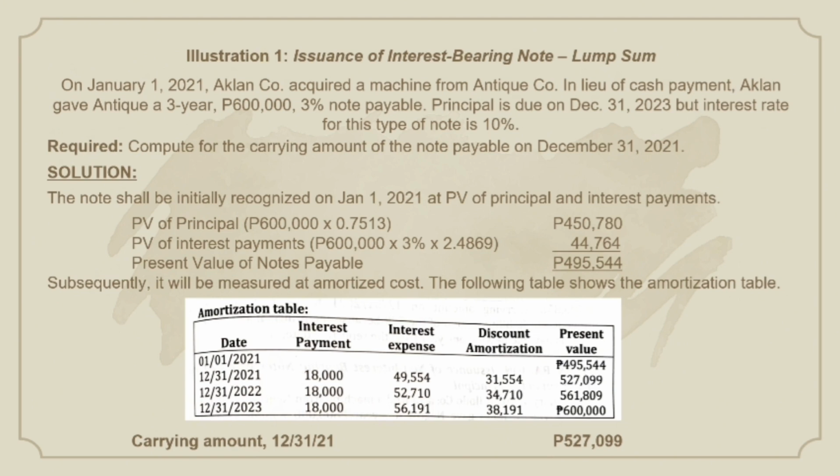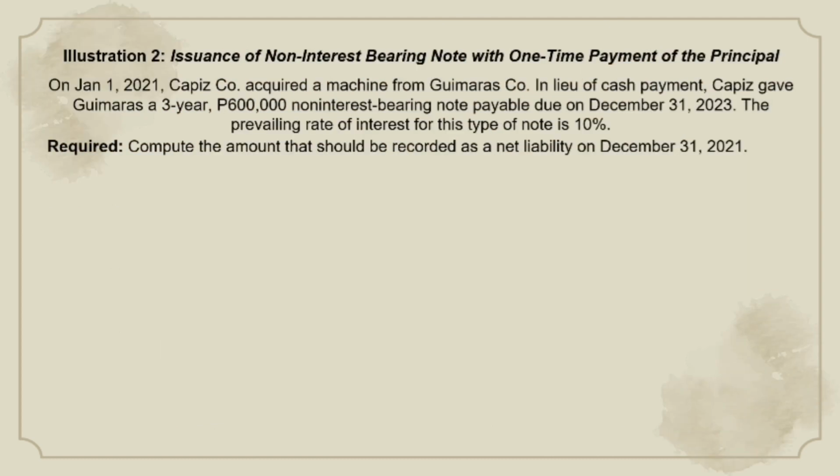We have here the present value 495,544 added to discount amortization of 31,554. So we have the carrying amount on December 31, 2021 of 527,099.